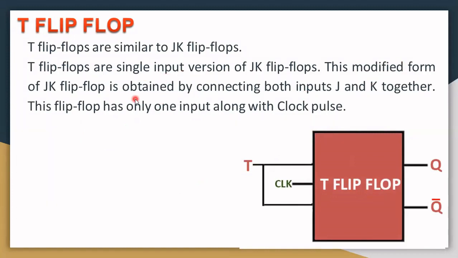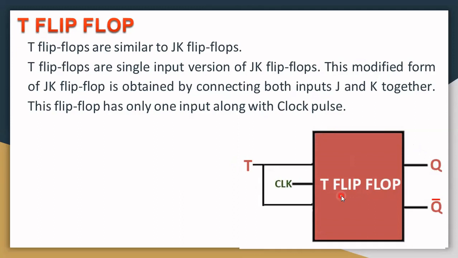This modified form of JK flip-flop is obtained by connecting both inputs J and K together. This flip-flop has only one input along with the clock pulse and two outputs Q and Q dash, similar to all flip-flops.